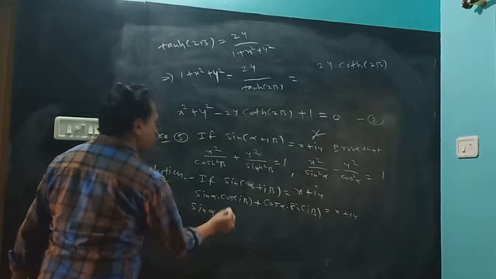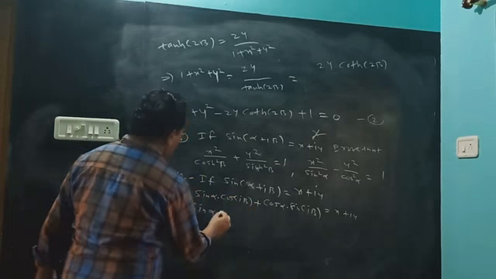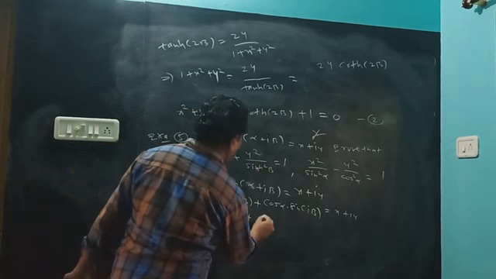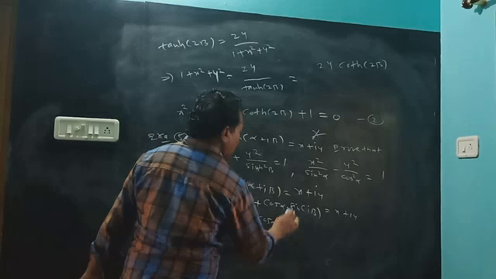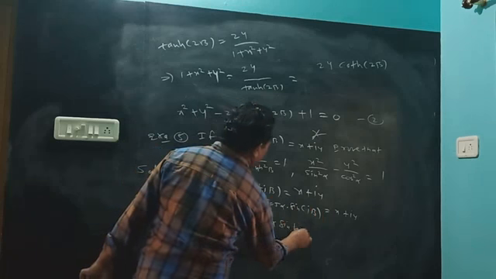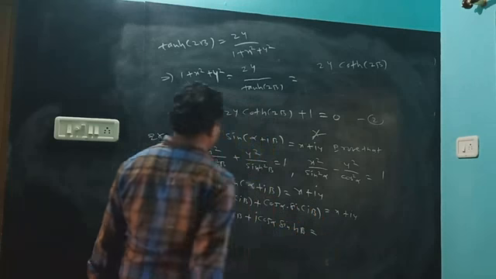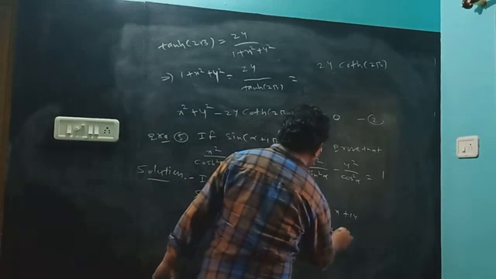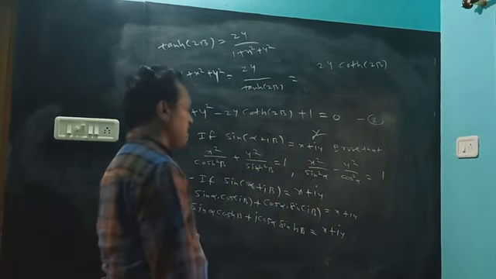Here cos ib is cosh b, and sin ib is i times sinh b. The trigonometry relation is this, and the hyperbolic relation is this.